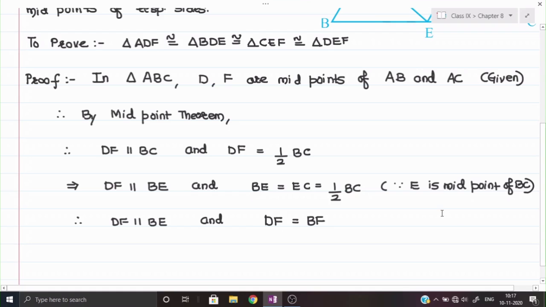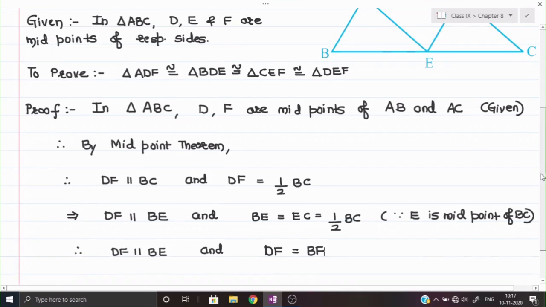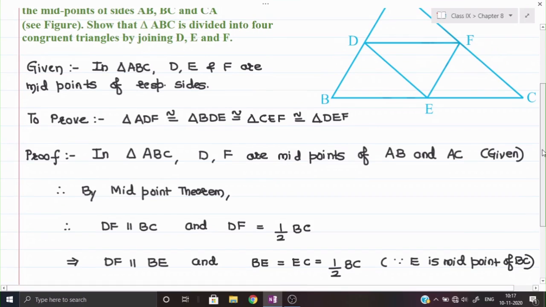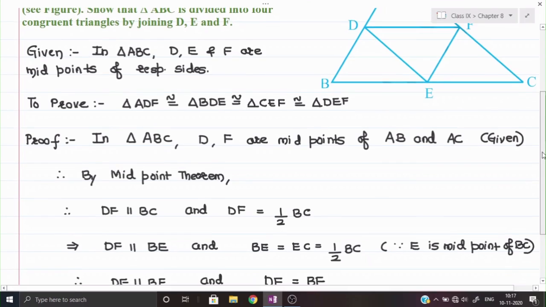Now let us see the quadrilateral BDFE. In that you observe we have one pair of opposite sides, that is DF and BE. DF and BE, we have proved parallel as well as equal.